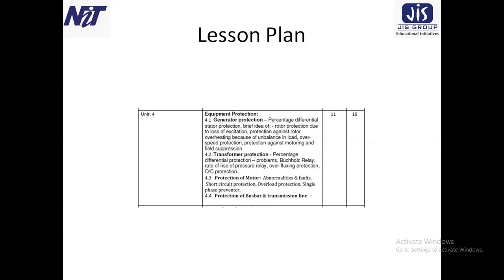Engineers need to know about the subject very much, because when they become professional engineers, they have to face different types of problems in electrical systems. If they don't know what the different types of faults are, what the solution method is, or what the protection schemes for this type of fault are, it will be very difficult for them to deal with the systems. So for that reason, to develop the basic idea regarding faults and protection, this subject is designed. So let me start the topic.